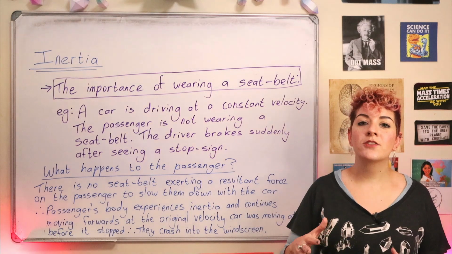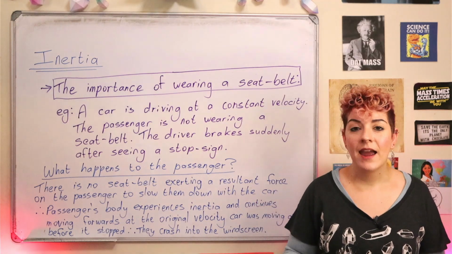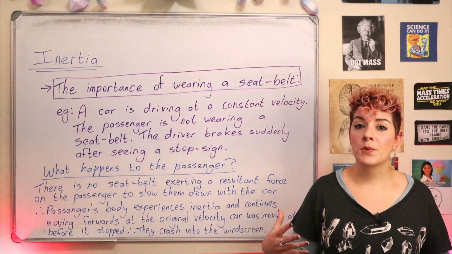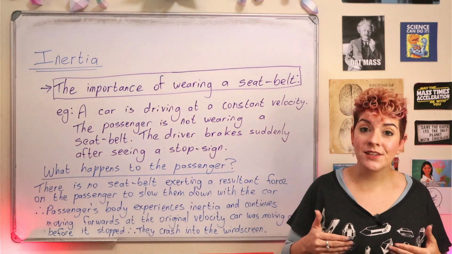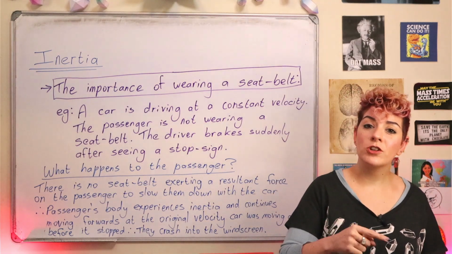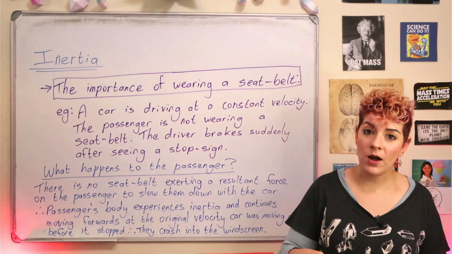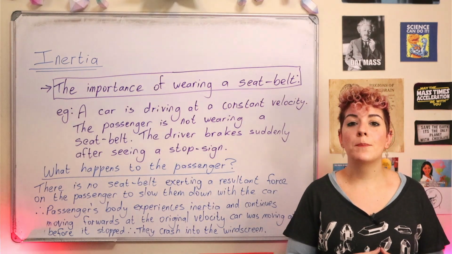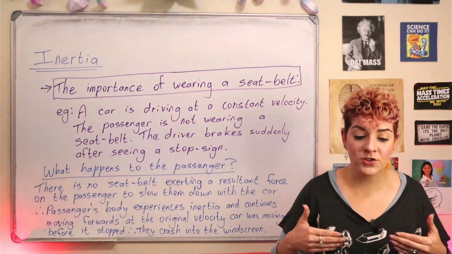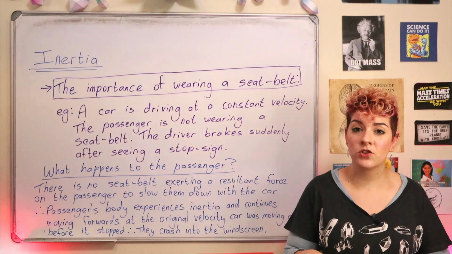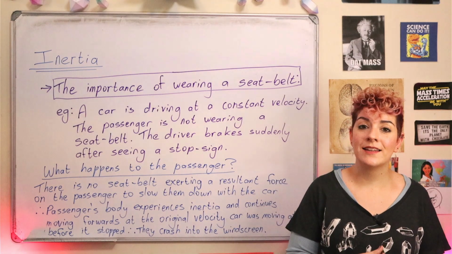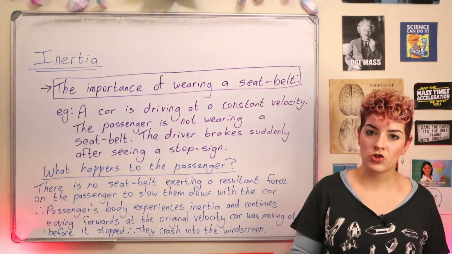So the car is braking, and the passenger's body that's experiencing inertia will continue moving forward at the original velocity the car was moving at before the car stopped. And that means that the passenger's body continues moving forward after the car has stopped, and so the passenger will likely crash into the windscreen.